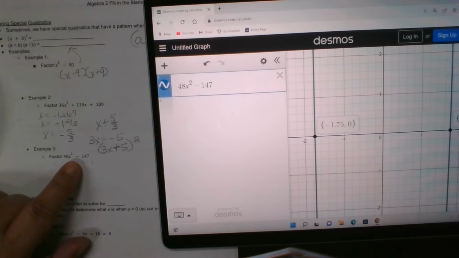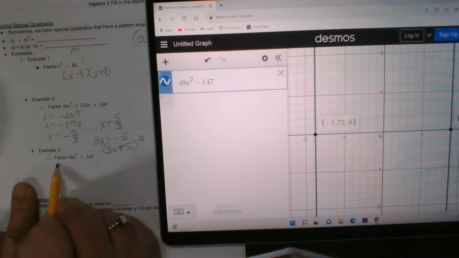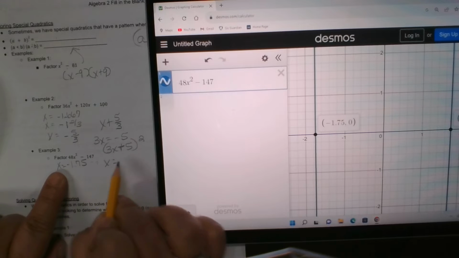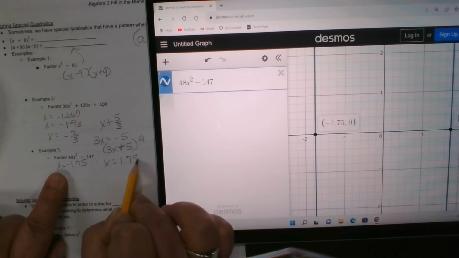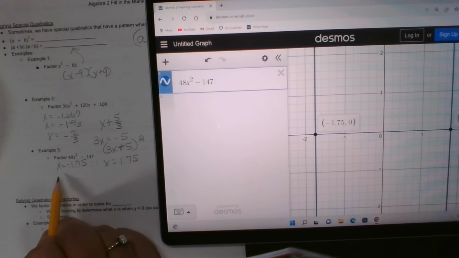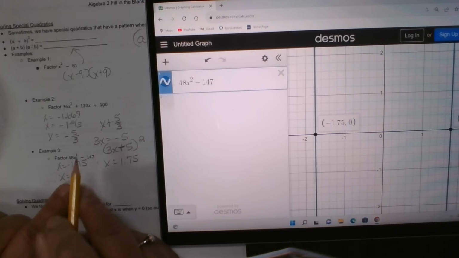Well, that's 1 3/4. So if x equals negative 1.75 and x equals 1.75, I want to change that to a fraction. Guys, you can do that on any calculator, on your computer, or just a little handheld calculator. If you don't know how to change 1.75 to a fraction: this one is negative.